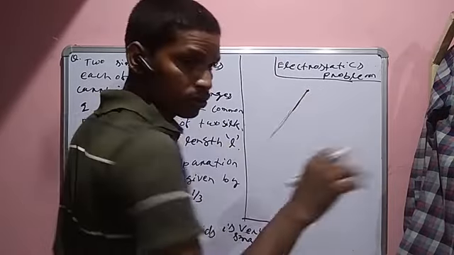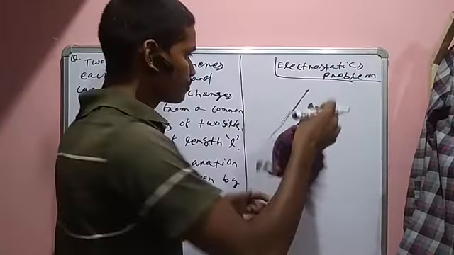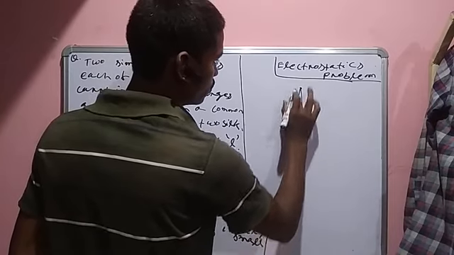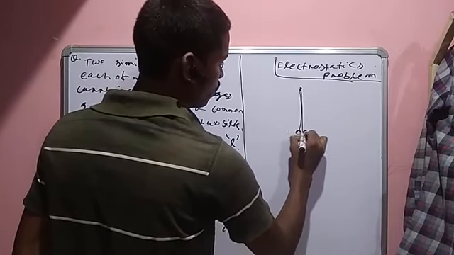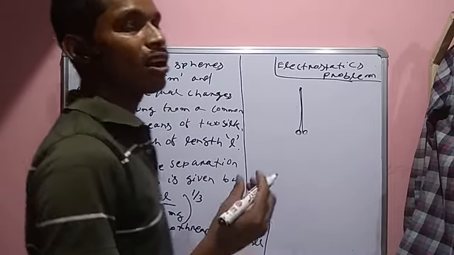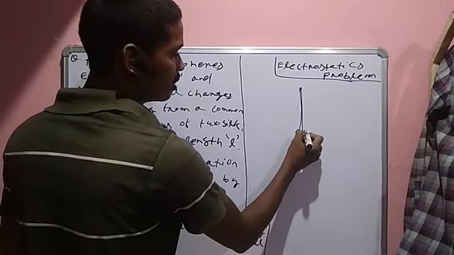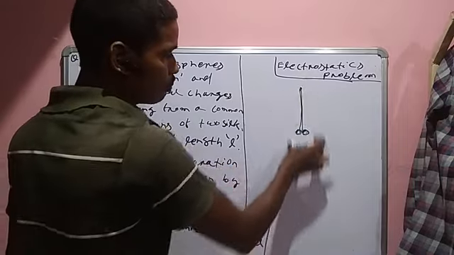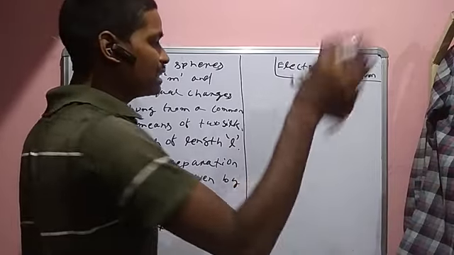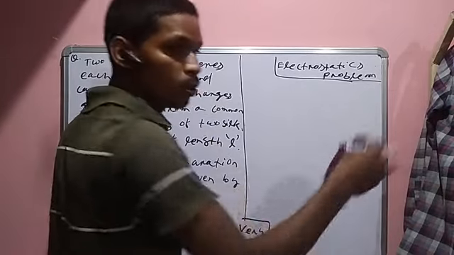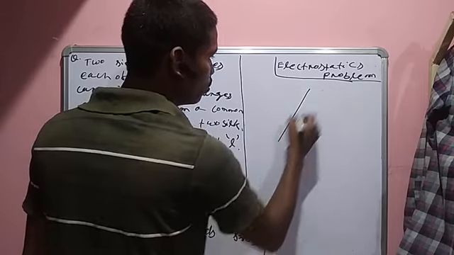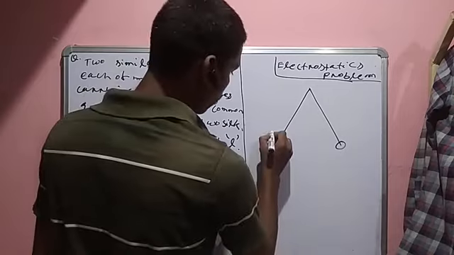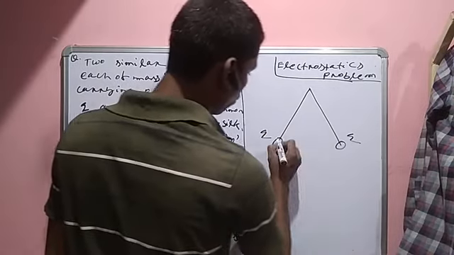When there is no charge, when the bodies are neutral, the figure is like this. Whenever the same charge is given to the bodies, then due to repulsive force, the figure is like that. Suppose this charge is q, this is the charge q.